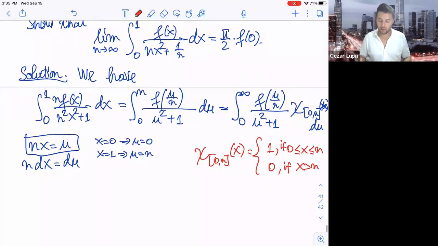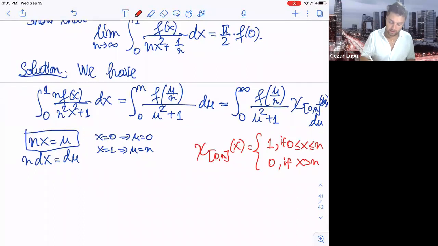So in other words, I can consider now this sequence of functions, right?